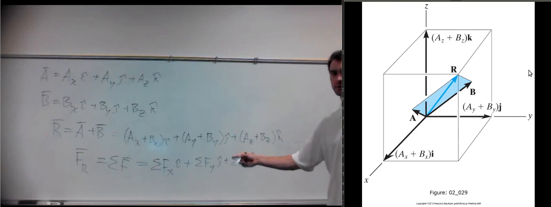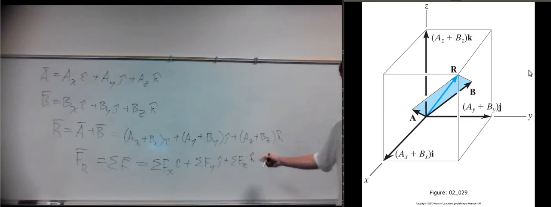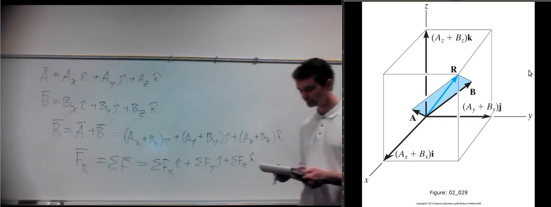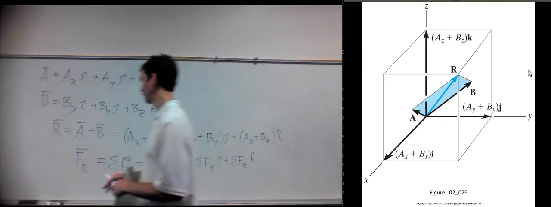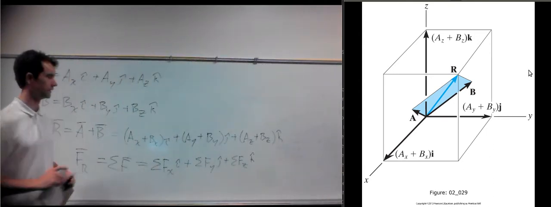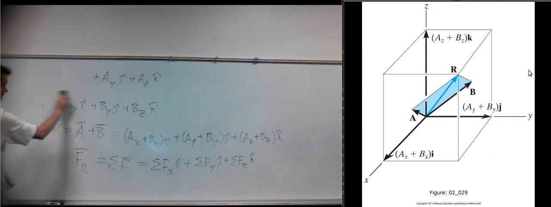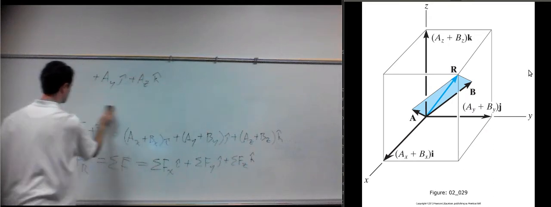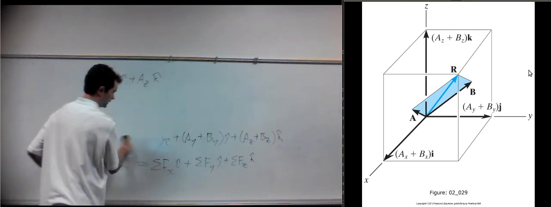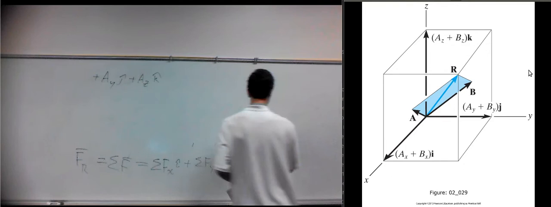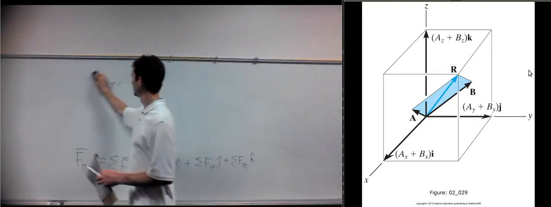So that's how you add multiple forces in 3D. And we'll do a couple of example problems on this topic. I'll leave that equation at the bottom because we will use it again.